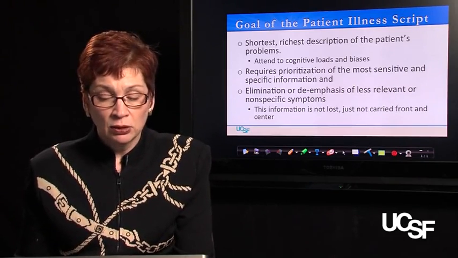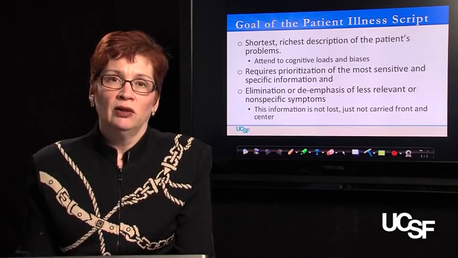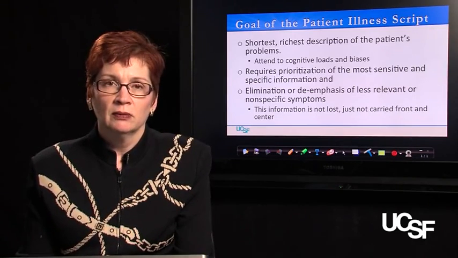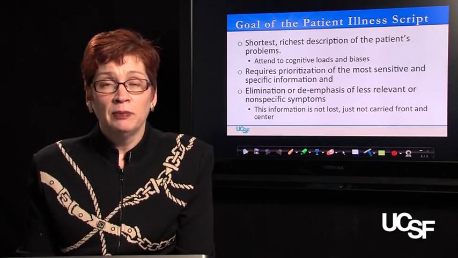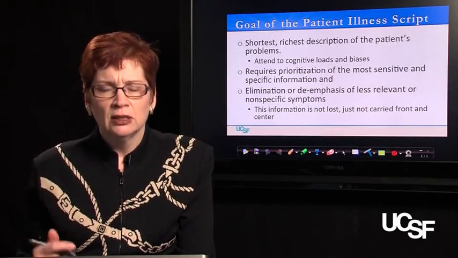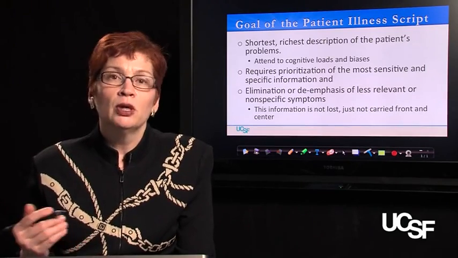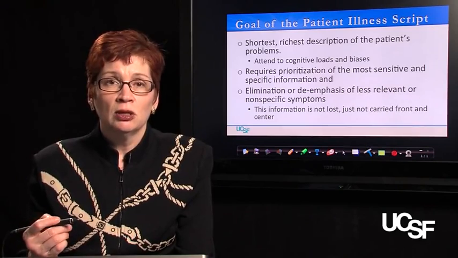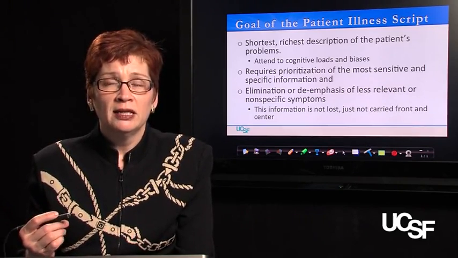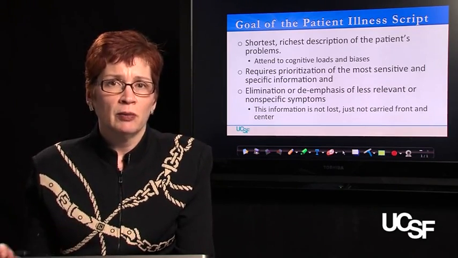And also importantly, to eliminate or de-emphasize less relevant or non-specific symptoms. This information may be collected from the patient and may not be lost. It's just not carried front and center. So we'll talk about where we put this in our view and our attention to make sure that we don't forget it, but that it doesn't clutter our thinking as we're trying to solve the problem at hand.